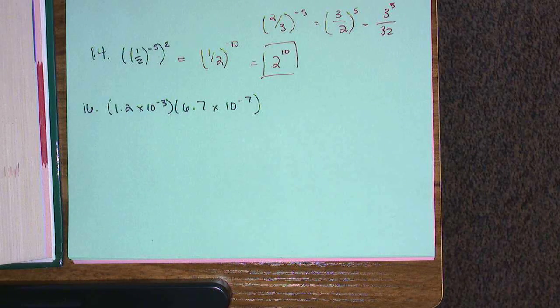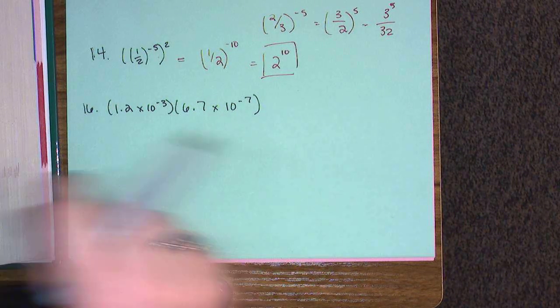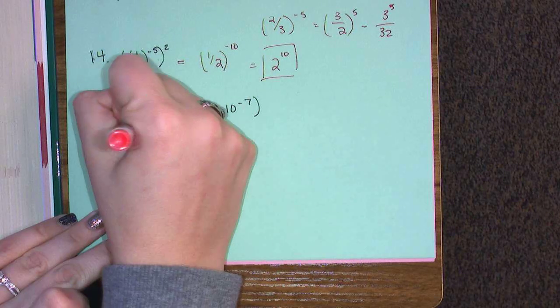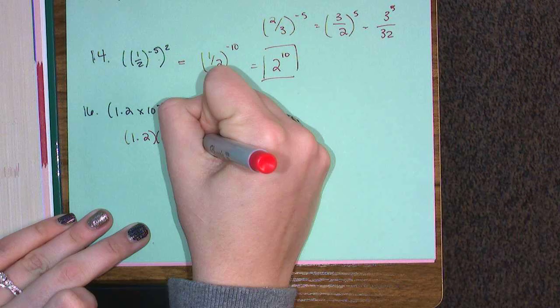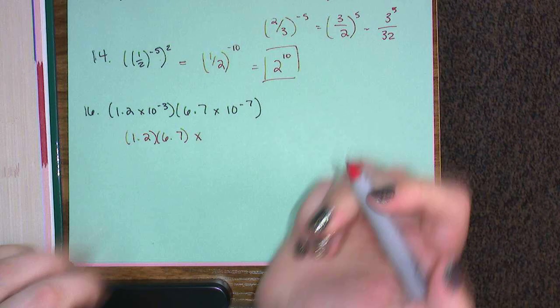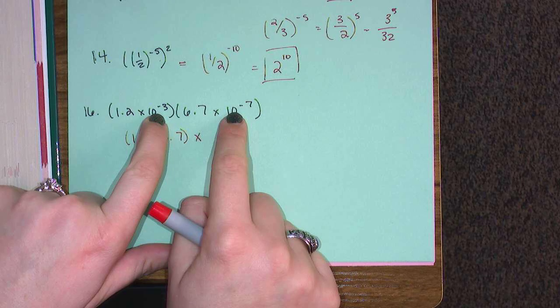So what I meant with the hint was basically we're going to take these two numbers and multiply them together. So 1.2 times 6.7, and then put your little times symbol, and then just do rules of exponents for the 10 to the whatever power.